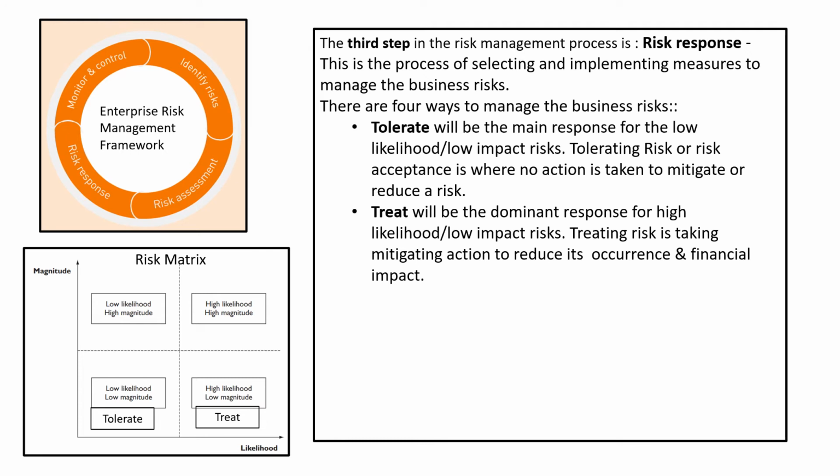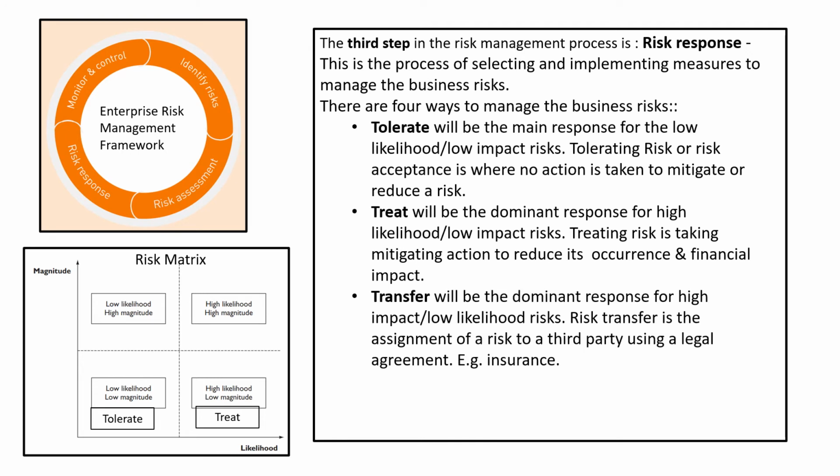Treat will be the main dominant response for high likelihood and low impact risk. Treating risk is taking mitigating action to reduce its occurrence and financial impact. Transfer will be the main dominant response for high impact and low likelihood risk.